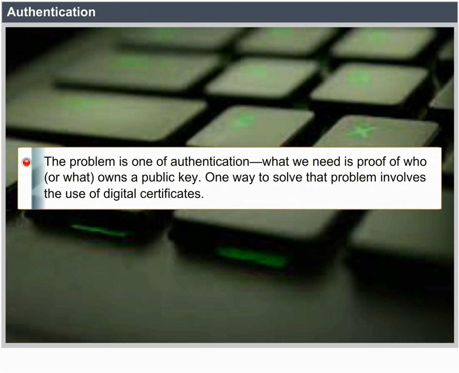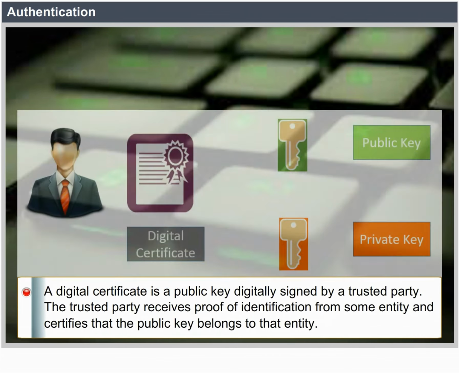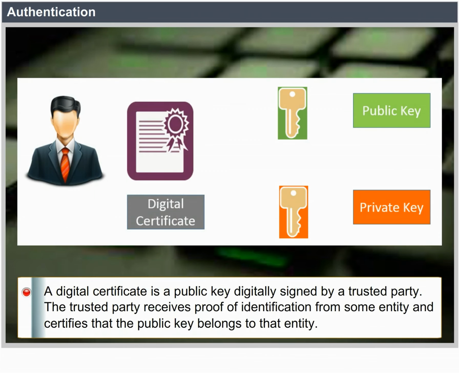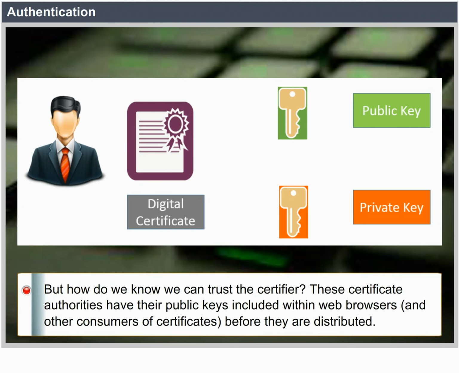What we need is proof of who or what owns a public key. One way to solve that problem involves the use of digital certificates. A digital certificate is a public key digitally signed by a trusted party. The trusted party receives proof of identification from some entity and certifies that the public key belongs to that entity. But how do we know we can trust the certifier?